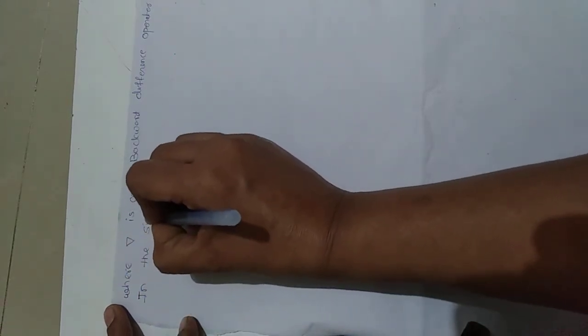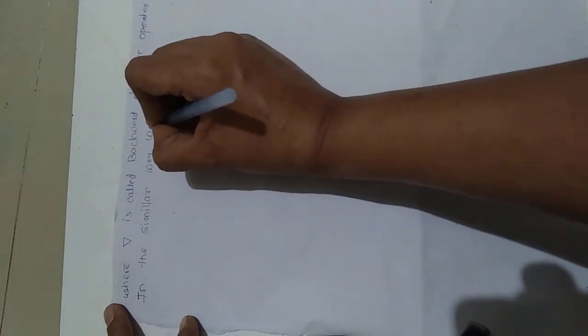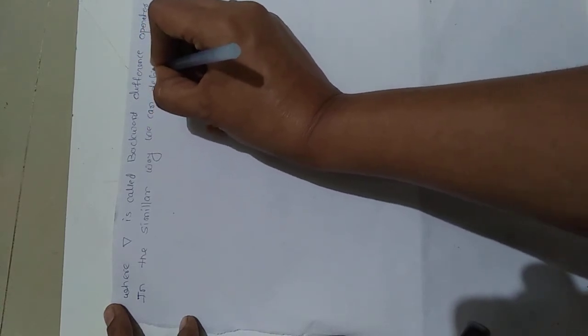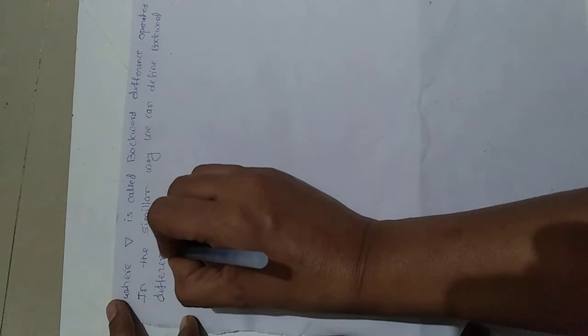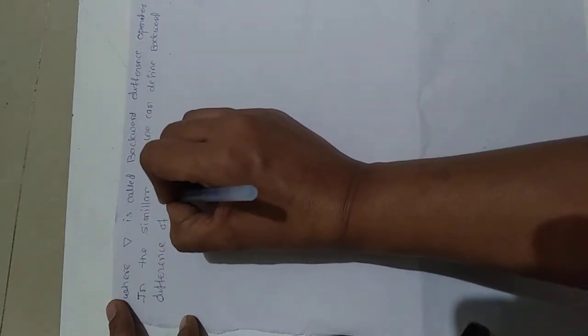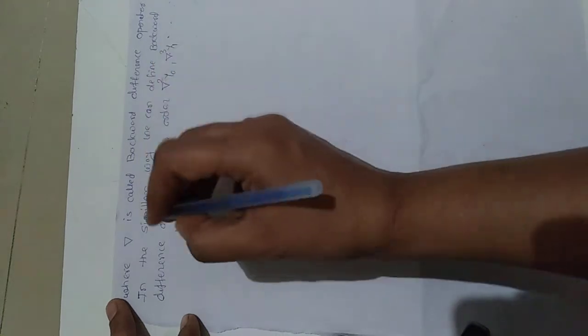In a similar way, we can define backward differences of higher order, that is del square y0, del cube y1, like this.